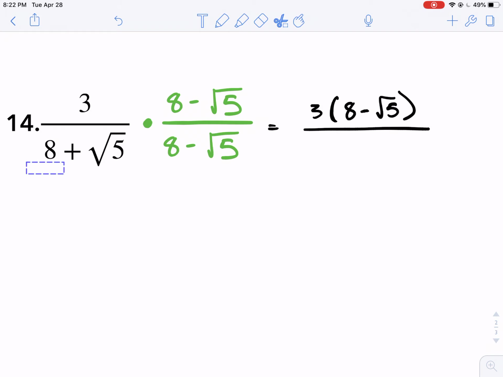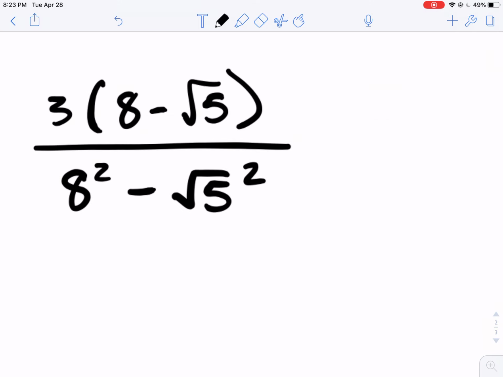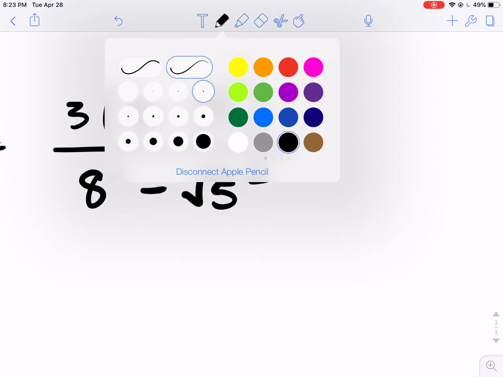And then on bottom, because we're multiplying by its conjugate, we can use our difference of squares shortcut. That'll give us 8 squared minus the square root of 5 squared. So let's go ahead and distribute our 3 into both terms.